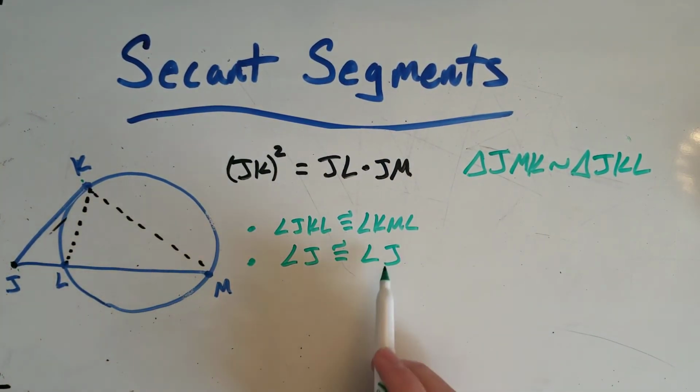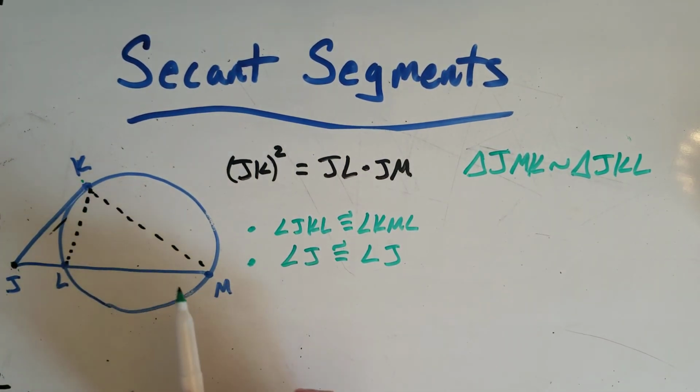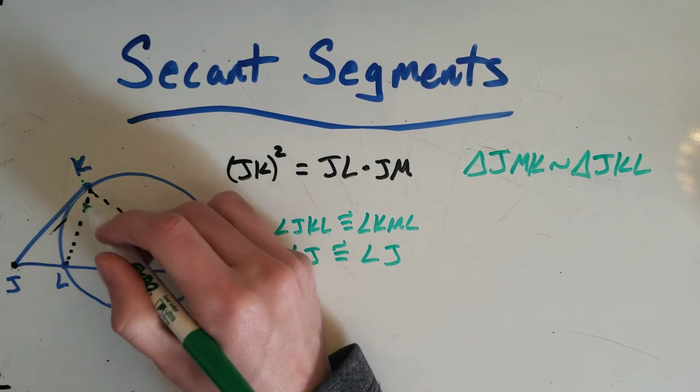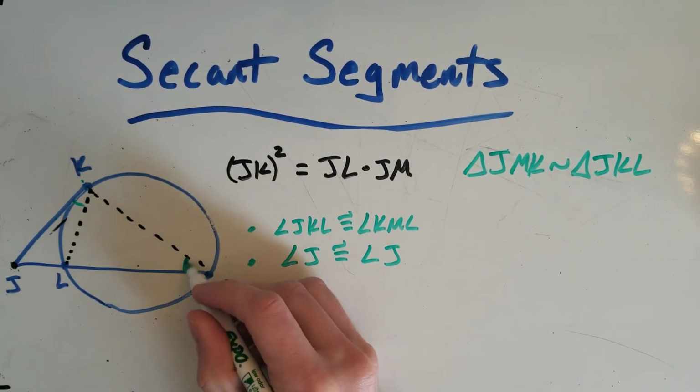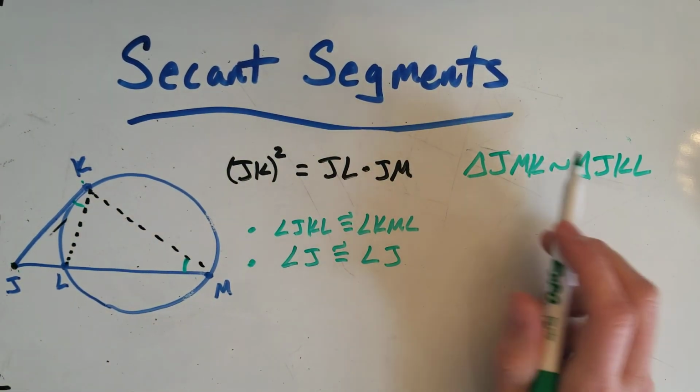Your J's are obviously going to correspond with one another. And then your K is going to end up corresponding with your M because of those angles that would have been congruent to one another, right here and right here. So those angles would be corresponding with each other. So similar triangles are a little tougher to see in this one, but these are your two similar triangles.